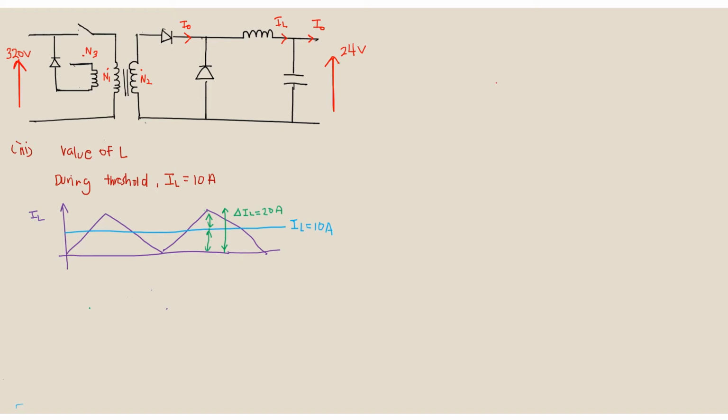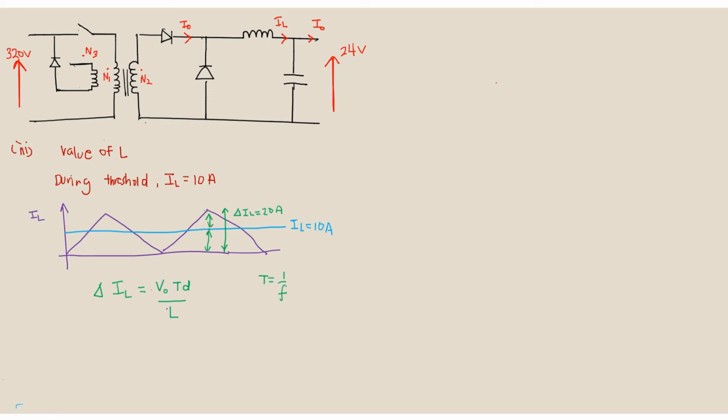In order for us to find L, you have to remember the previous formula that we introduced when solving other converters: T times D times VO divided by delta IL equals L, where T is 1 over F, D is the duty cycle, VO is the V out.